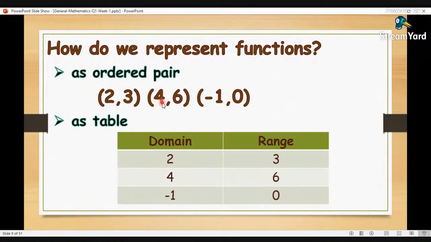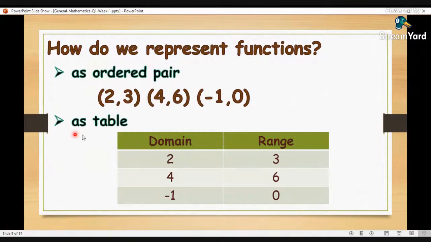If we have 2 here, it means that 2 corresponds to 3 and also 2 corresponds to 6. That will become a one to many relationship, so it could not be considered a function. Take note, when you look at the ordered pairs, if the first element repeats, then it is not a function. So take note of that.